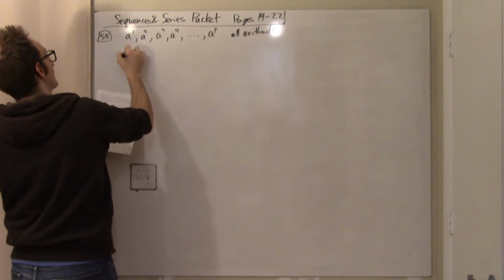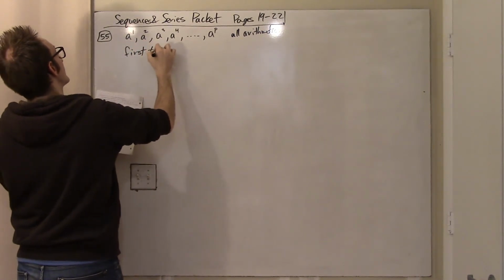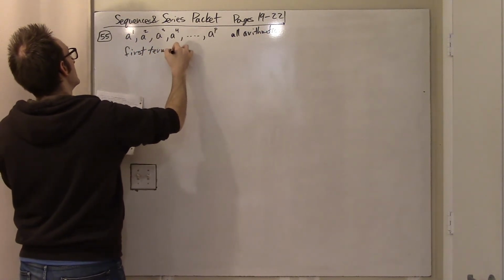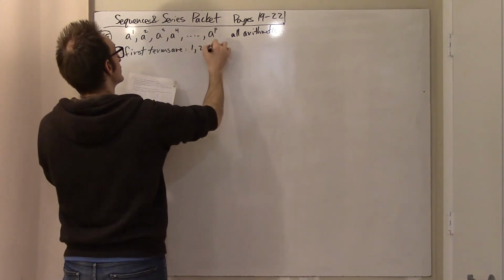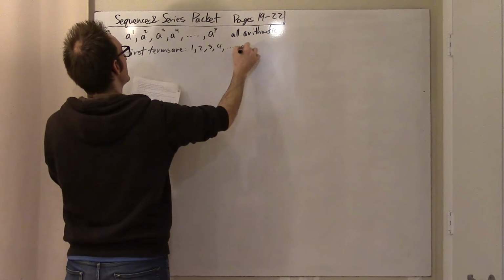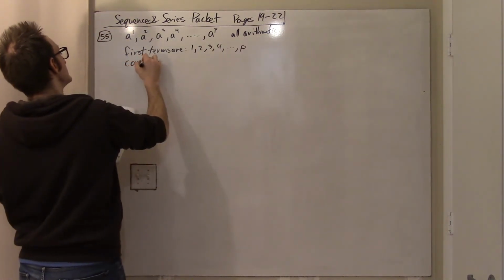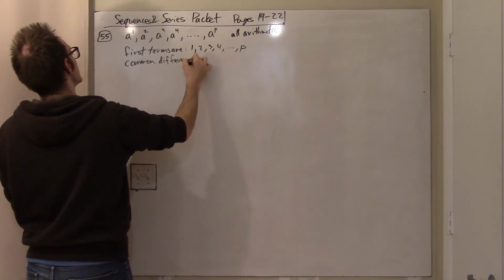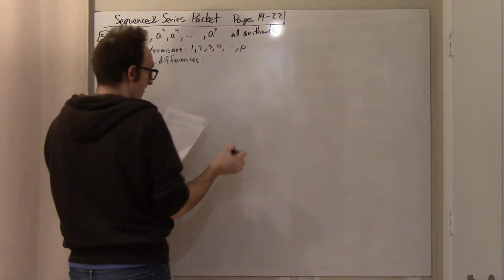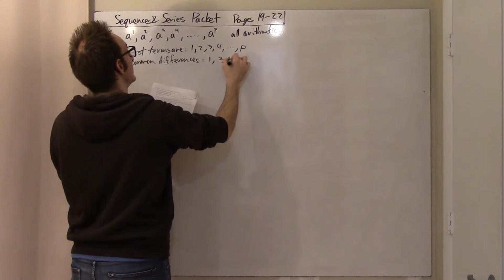So the first terms are respectively 1, 2, 3, 4, all the way up to p, and the common differences are 1, 3, 5.